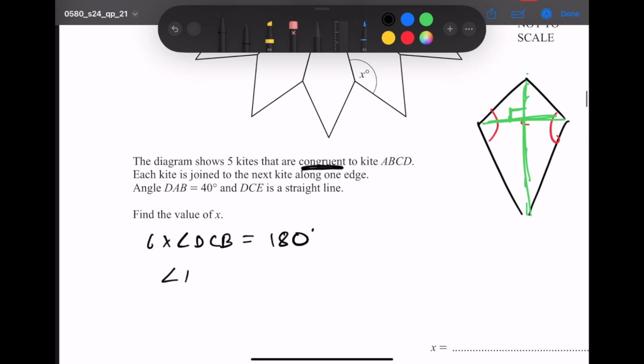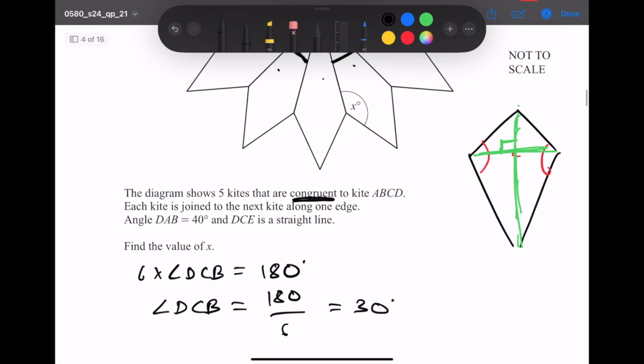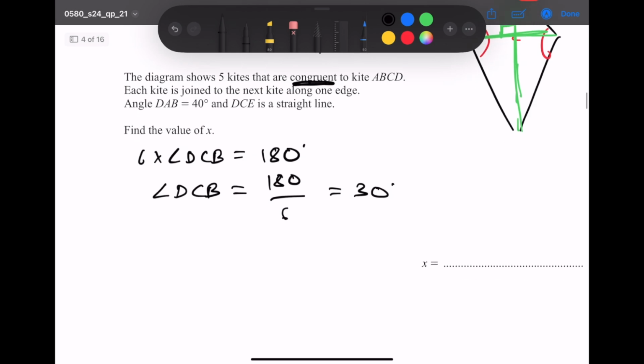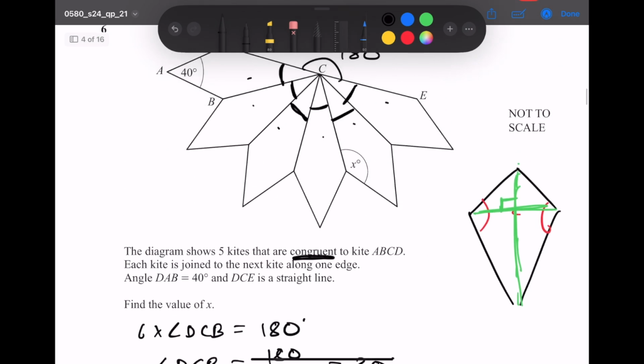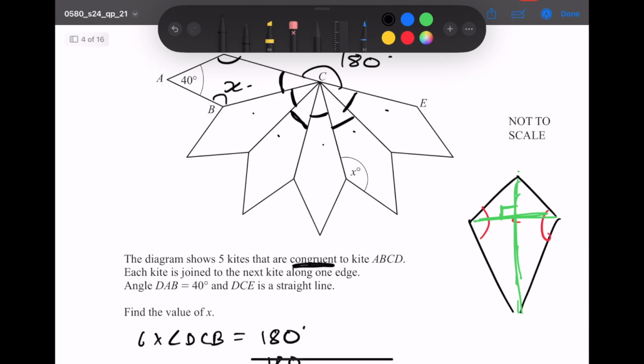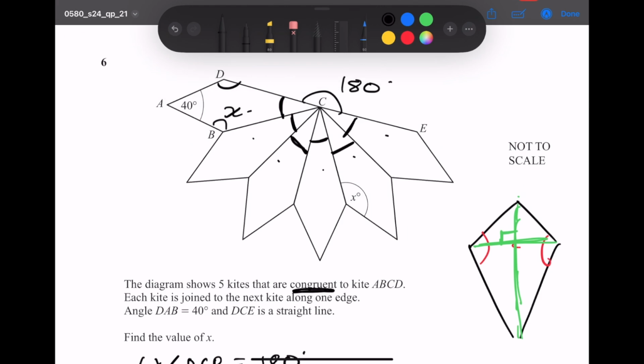So angle DCB is equal to 180 divided by 6, which is equal to 30 degrees. Now that we have angle DAB and angle DCB, we can work out the angle x. Since angle ABC is equal to angle x, and so is ADC, angle ABC and angle ADC are equal to each other.